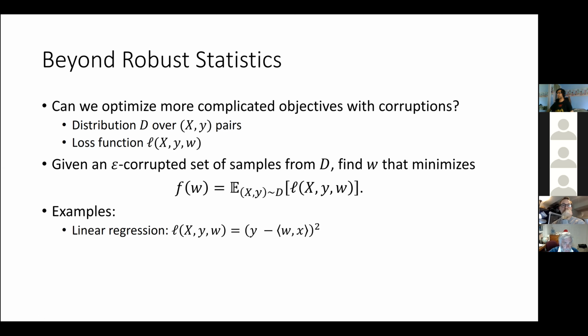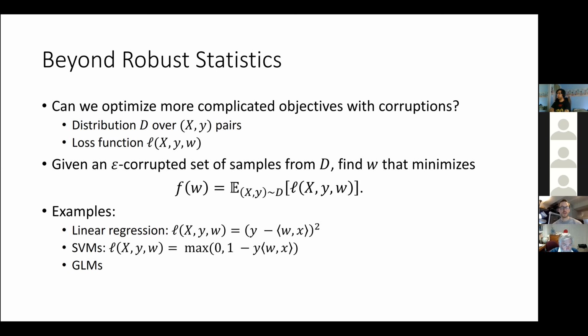If this sounds unfamiliar, there's nothing too complicated here. If you substitute in the loss function (y minus the inner product of w and x) squared, that's essentially just linear regression. This can also encode SVMs and, more generally, generalized linear models. Essentially we're trying to solve these types of problems. This can also be neural networks, if you'd like, with the appropriate loss function.